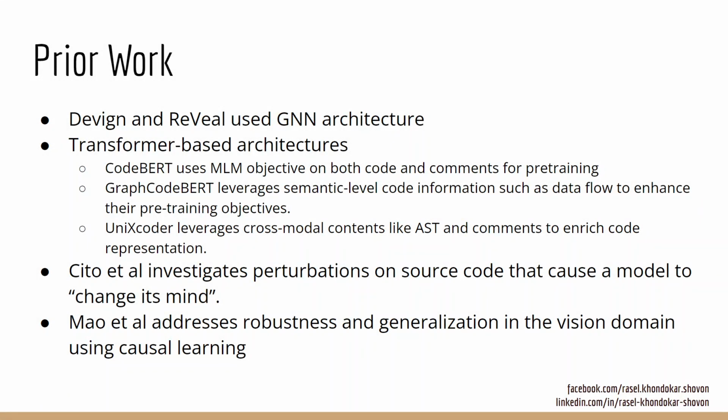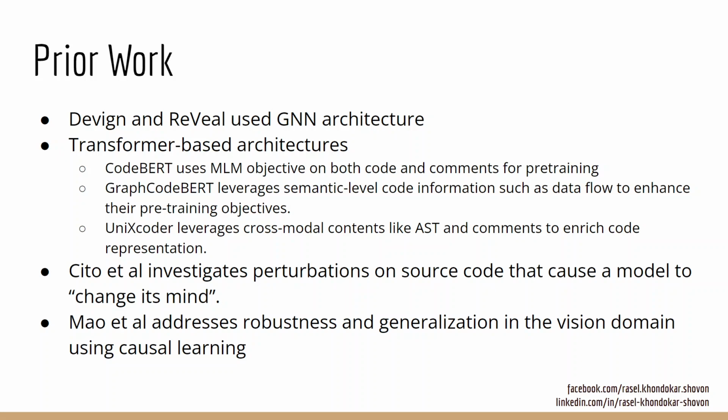Previously, there was a lot of research on this topic, like Devign and ReVeal, where the authors used GNN based architectures. Recently, there is some research applying transformer architectures, for example CodeBERT, where the authors used the MLM objective. MLM means masked language modeling.